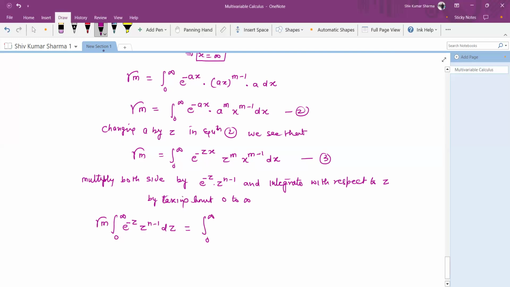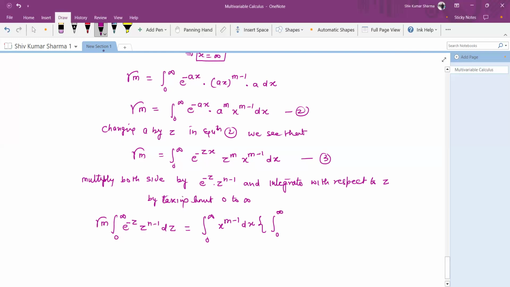The given integral is in the form of x, so we take the term of x on this side, dx, and the second integral we take for z, 0 to infinity.